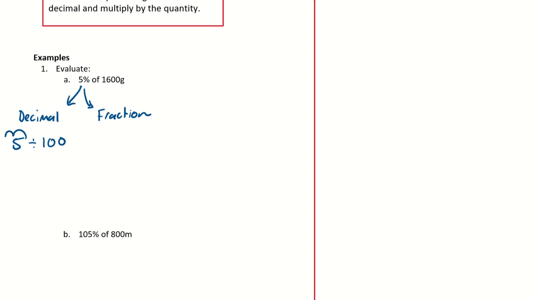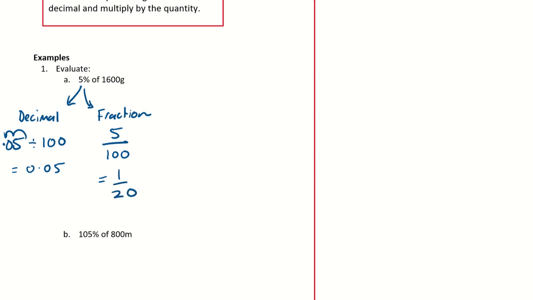And that means I'm going to have to actually move the decimal point 2 places over and I get 0.05. To write this as a fraction, I can write 5 and I put it over a denominator of 100. Now that will simplify to 1 over 20.